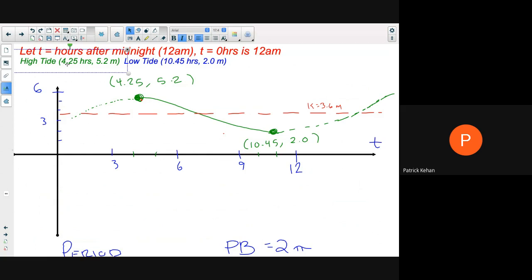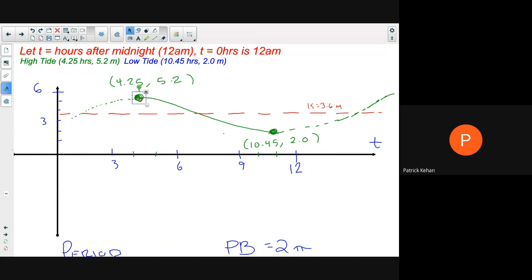That's 4 hours and 15 minutes, right? So you've got to think about conversions too. 4 hours and 15 minutes is 4.25 hours. And I have low tide at 10.45 hours after midnight again. So these are both in the morning.